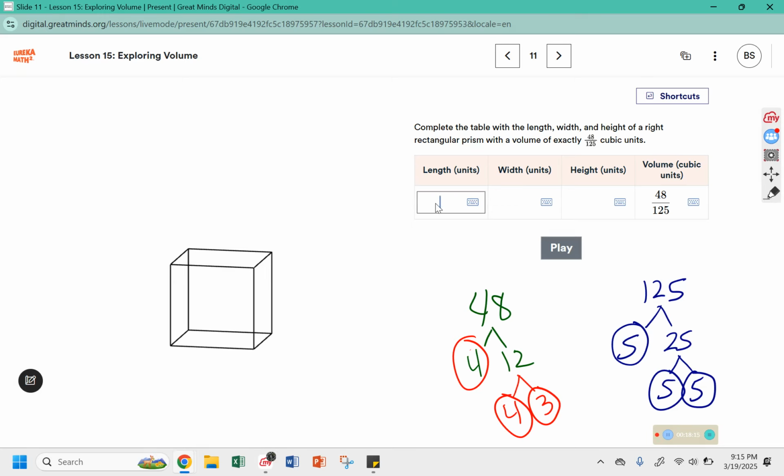So the first one might say 4/5. And then I have another 4/5. And then 3/5.